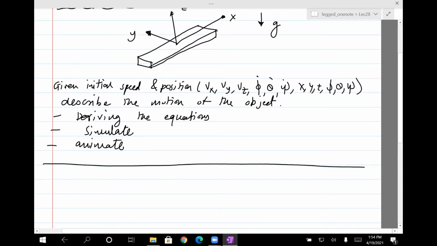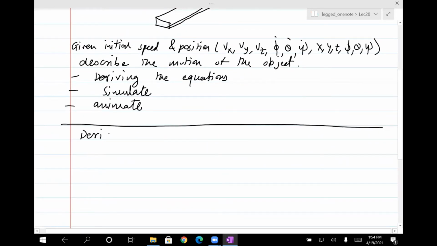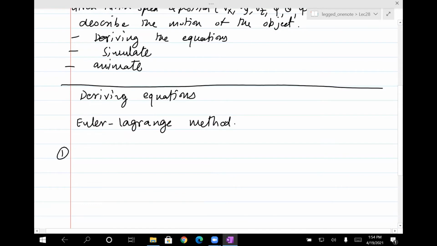So let's do deriving equations. We use the Euler Lagrange equations, or Euler Lagrange method. The first step is to find the position of the center of mass.